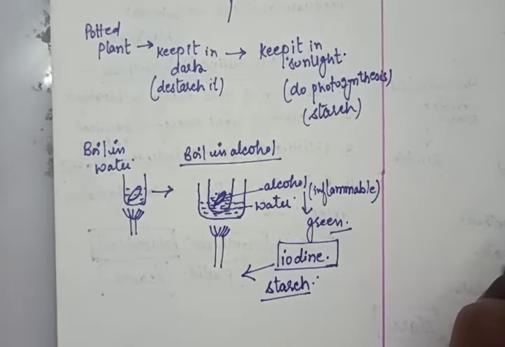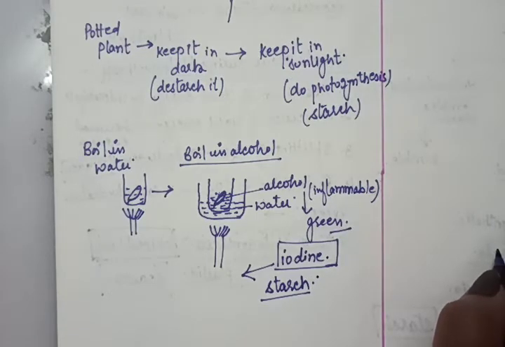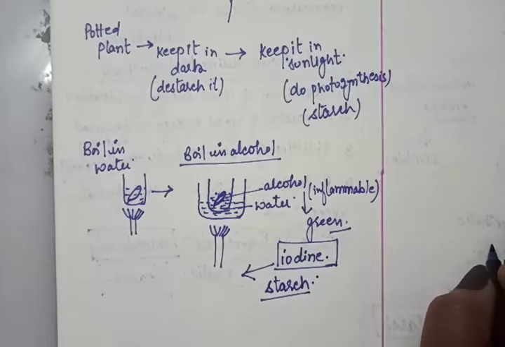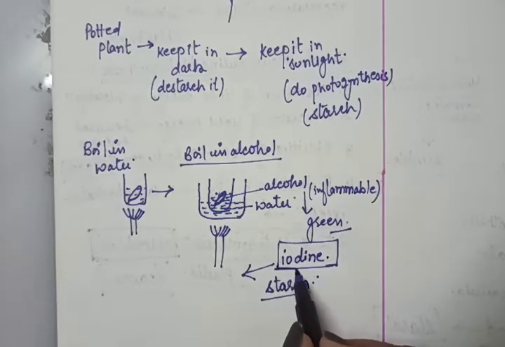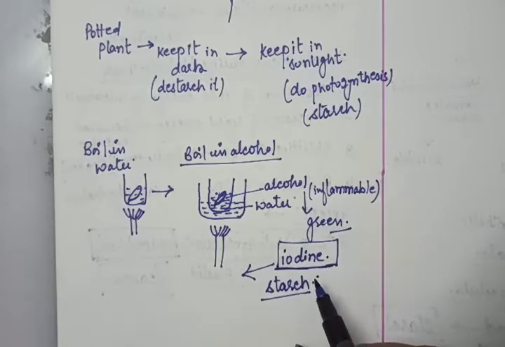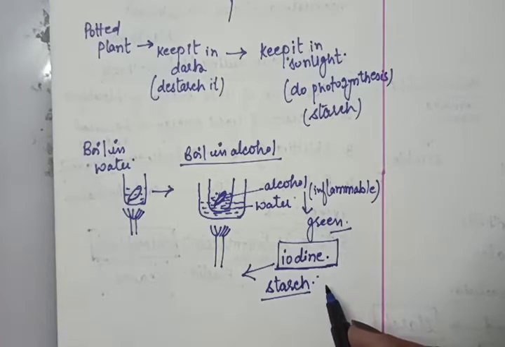Students, always remember that whenever we do the activities for photosynthesis, we always do the test for starch, because in photosynthesis the end product is the formation of starch and we use iodine solution for the presence of starch. So we put a few drops on the leaves and after that observe the color change in the leaf.